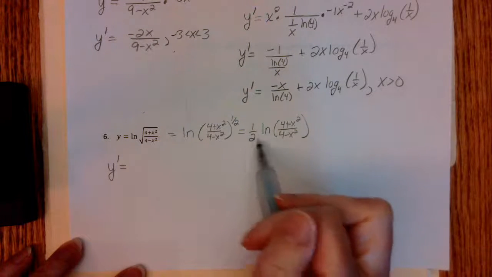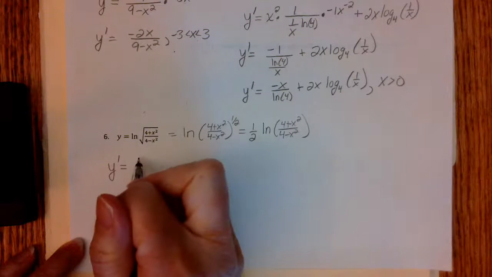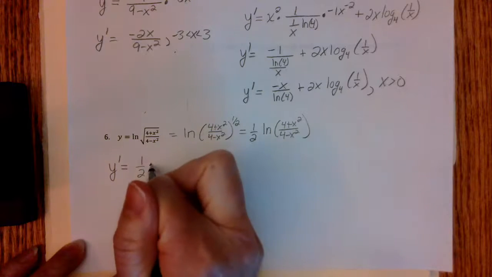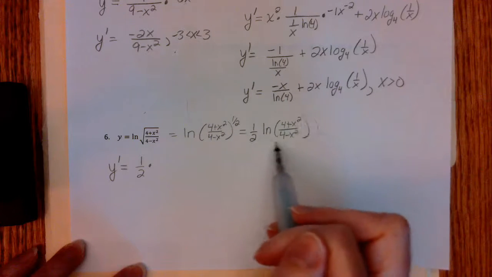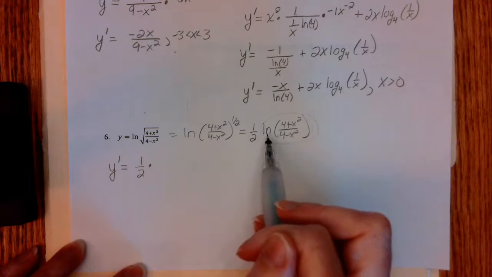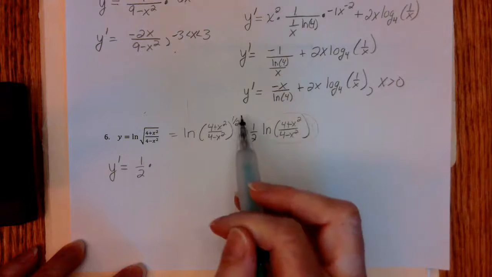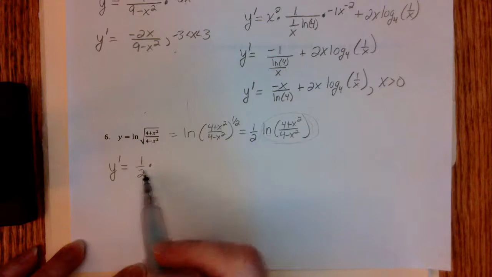So that 1/2 now, constant multiplier. Its derivative is going to be 1/2 times, and then I'm going to work on the derivative of the natural log, which has the natural log component and the quotient component. So that power rule is now gone because it became a constant in front.